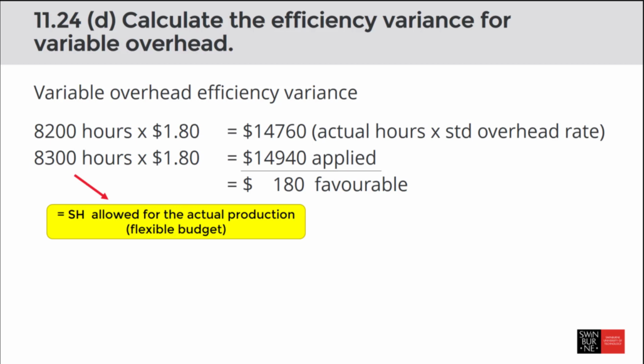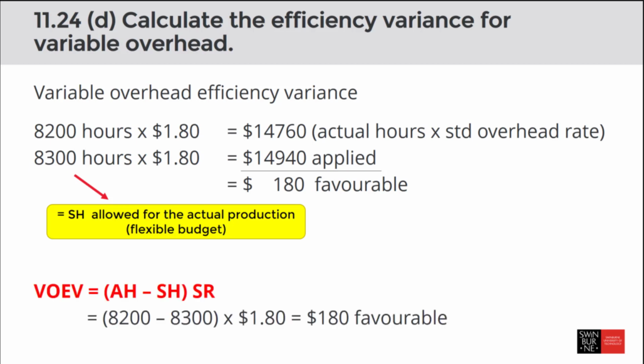Remember, the 8,300 hours is the standard hours allowed for the actual production, so that's from the flexible budget. Another way of doing this is actual hours minus standard hours times standard rate. So that's the same. It will give you $180 favorable because the actual hours that you used in production compared to the standard hours is less.